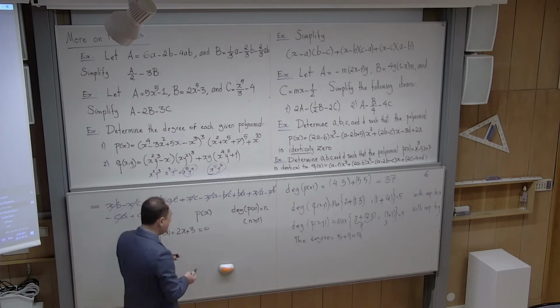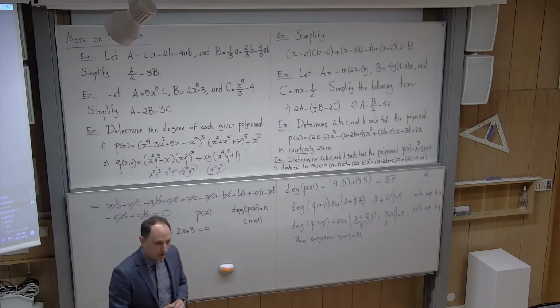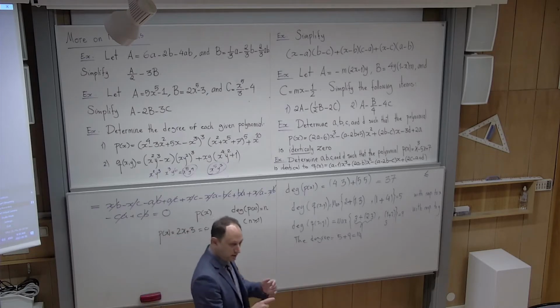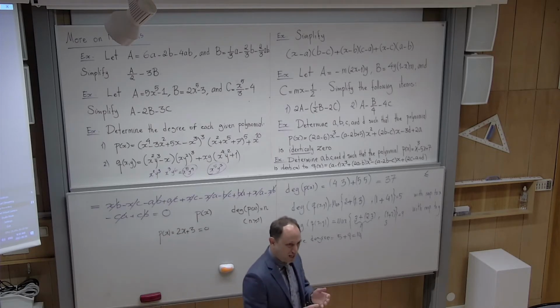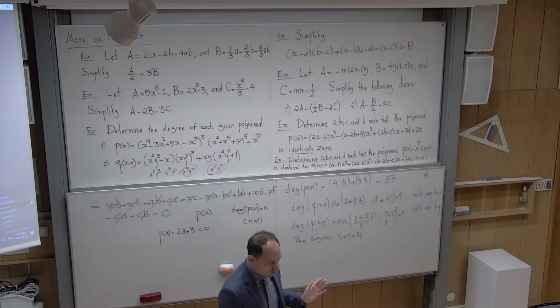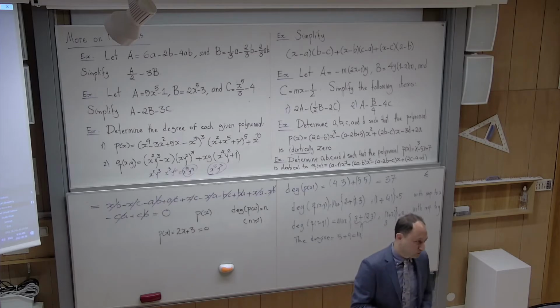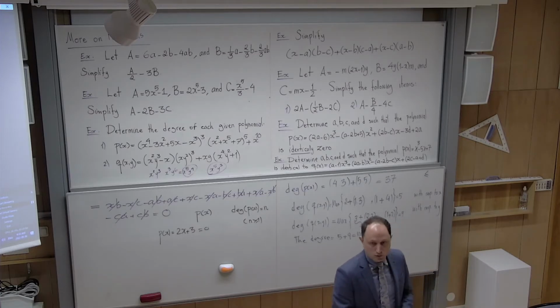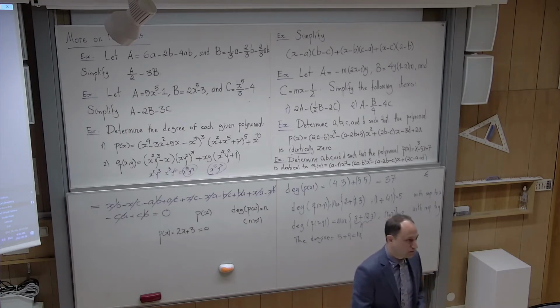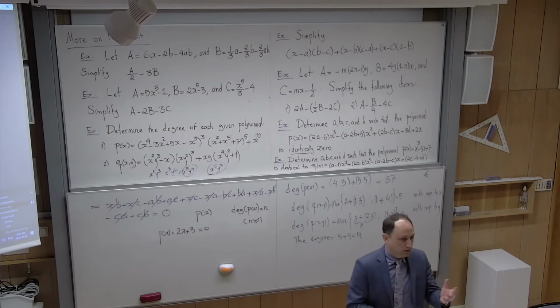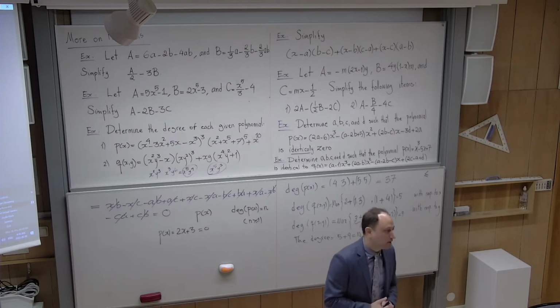But for the case of a quadratic equation, I cannot say that I always have 2 roots. No, because sometimes the discriminant becomes negative, I do not have any roots at all, or sometimes the discriminant becomes 0, I have exactly 1 root, and if the discriminant is positive, I have 2 roots. But it is not possible to have more than 2 roots if the degree of your polynomial is 2.